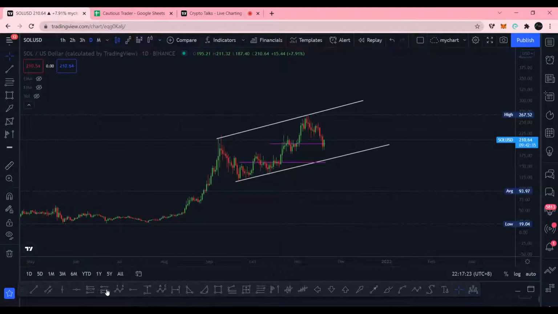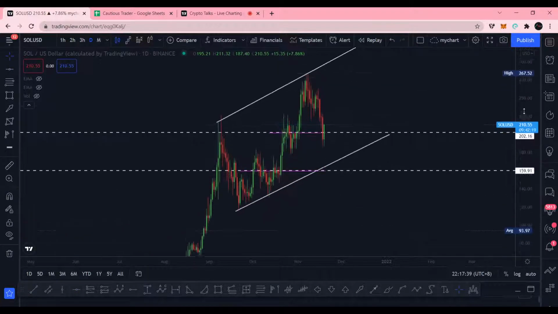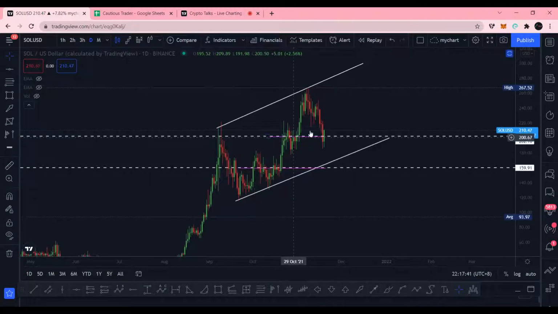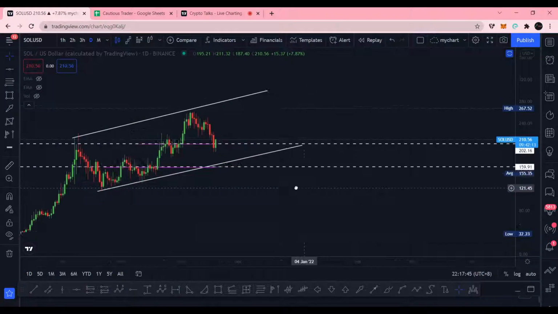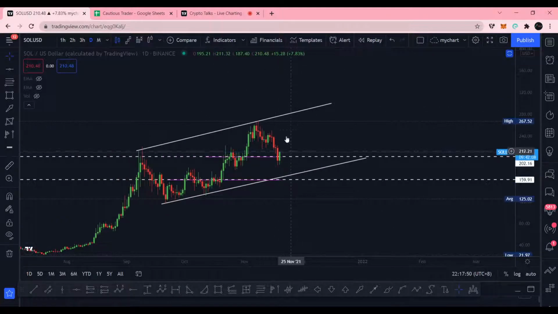So I'm gonna use that also as my support area, the 159 and this one, because most of the transactions have been done on this area, which is the 202. So 202 and 159. So conservative note, as long as it will hold above the 202 area, I might possibly go long.